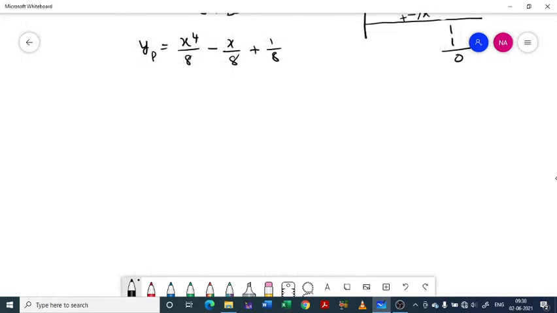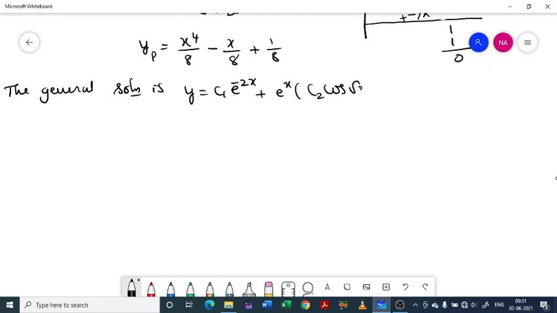The general solution is y equal to c1 e power minus 2x plus e power x into c2 cos root 3x by 2 plus c3 sin root 3x by 2 plus x power 4 by 8 minus x by 8 plus 1 by 8.